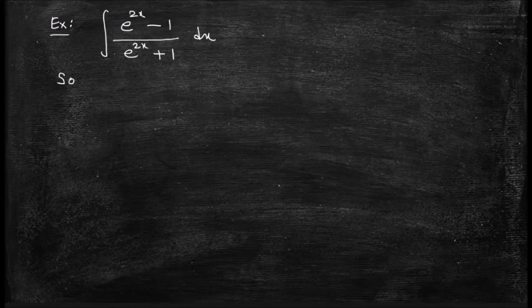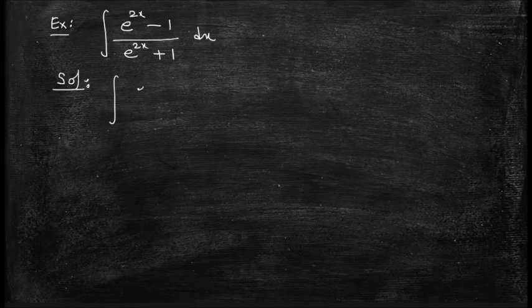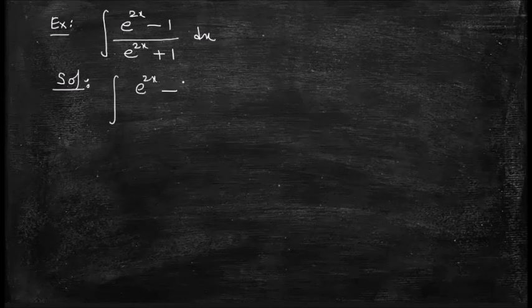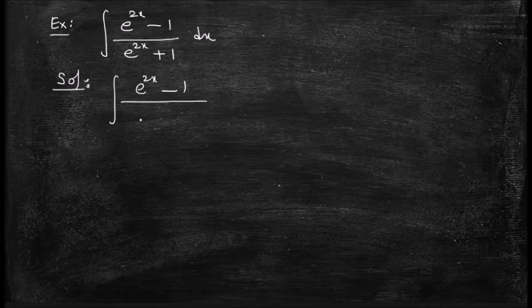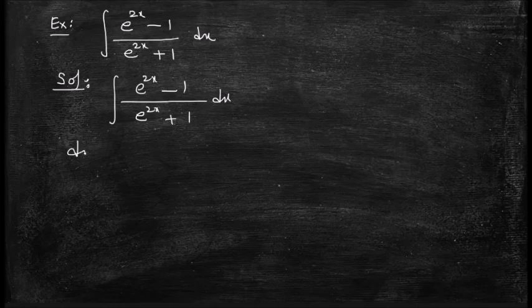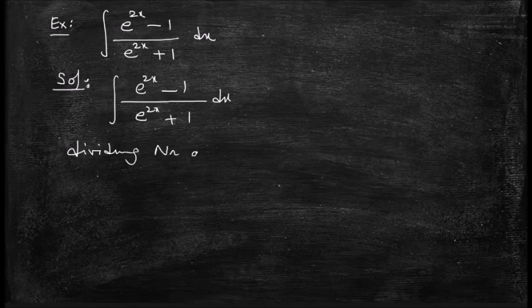The solution. Integration of (e power 2x minus 1) by (e power 2x plus 1) dx. Now what I am doing, dividing numerator and denominator by e power x.